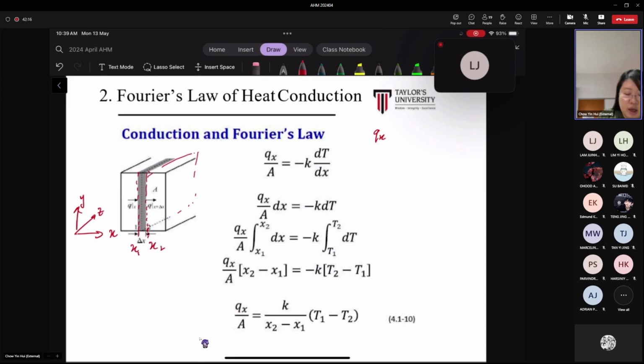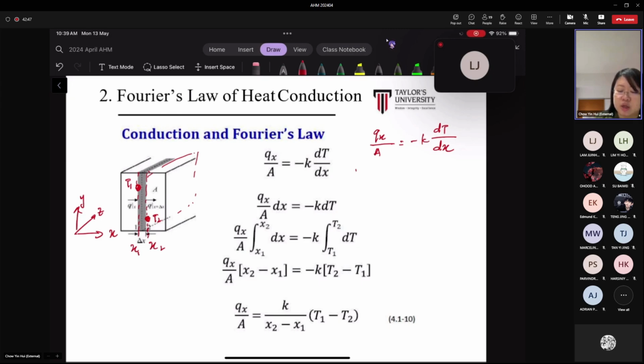At x1 the temperature is T1, and at x2 the temperature is T2. So you have to assign the boundaries. According to Fourier's law, it is expressed as the rate of heat transfer divided by area equals negative k times the rate of change of temperature with respect to x. We'll do a quick derivation to solve this.